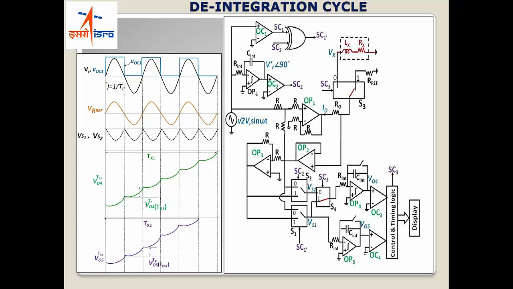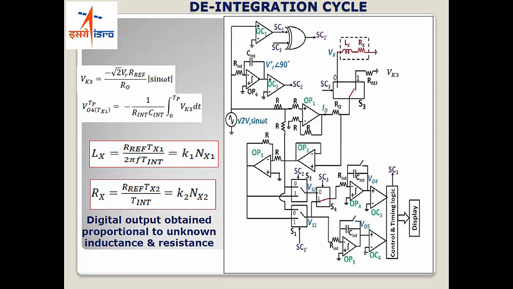So the voltage developed across this is going to be I0 into RF, which is proportional to sin omega t, and then I'll use the same switching sequence again to control my switches such that without any other switch control I can get a deintegration waveform. So you integrate in one direction and you deintegrate, and this time is going to be proportional, on final computation, to the value of the unknown inductance, and the second time that you obtain from the output of this comparator is going to be proportional to the unknown Rx.